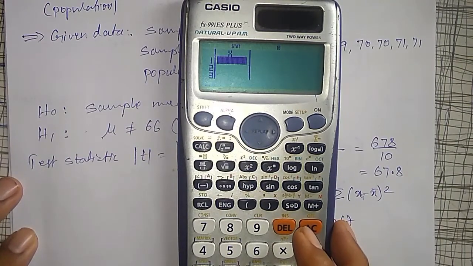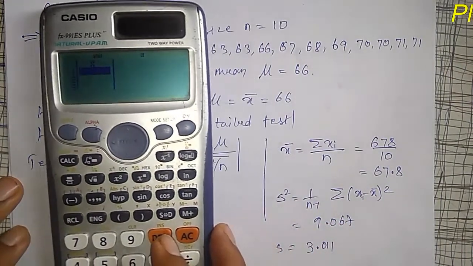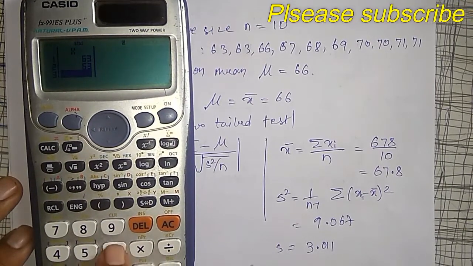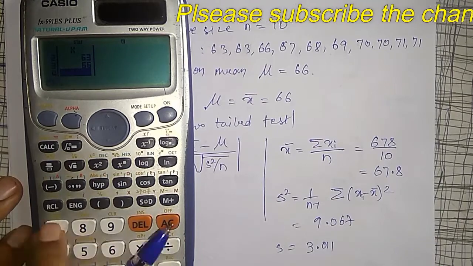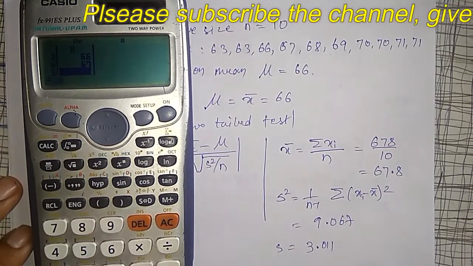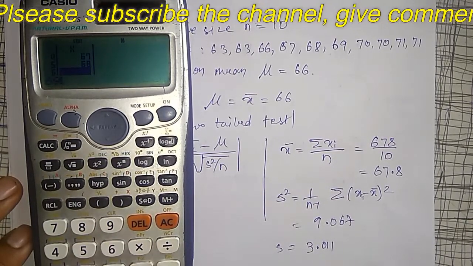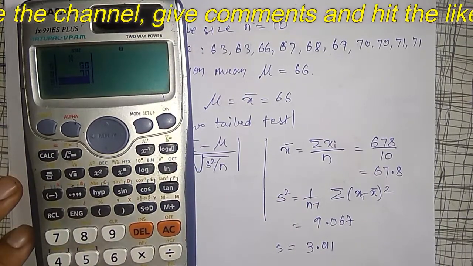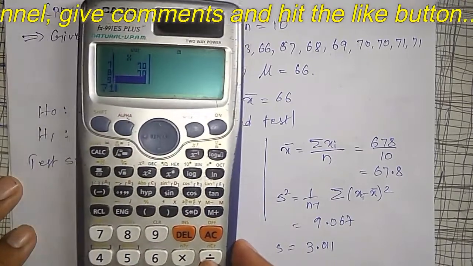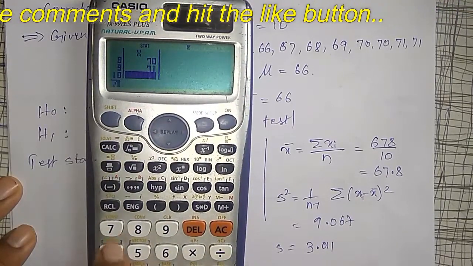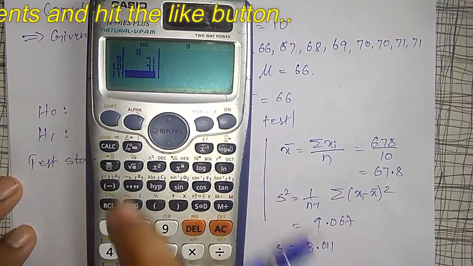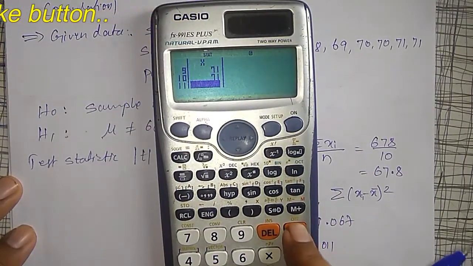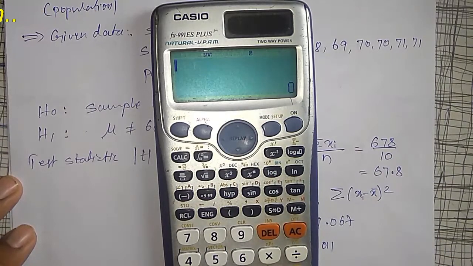I will enter the given data: 63, 63, 66, 67, 68, 69, 70, 70, 71, 71. Therefore, total 10 data I have entered. The 11th one will remain blank. Then press AC button. Then it is stored in the memory.